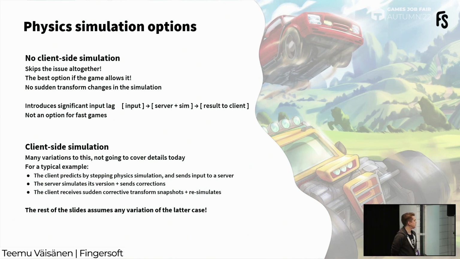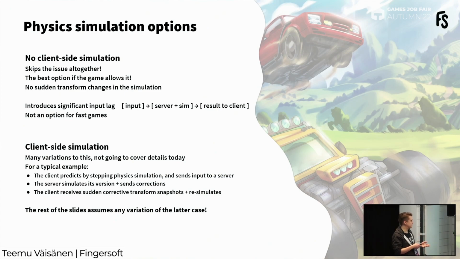But as a quite typical example, you usually have a client that tries to predict what's happening in the simulation before the server handles its ground truth version. So you do some kind of prediction of the physics, and then you send the input to the server, and the server does its own simulation on its end and sends back the result to the client.